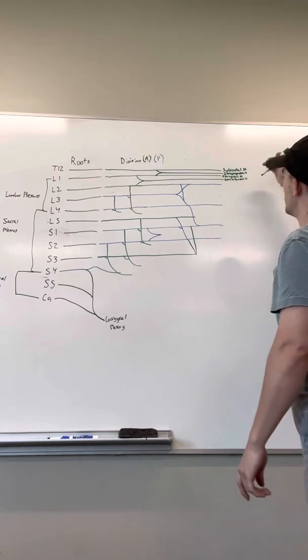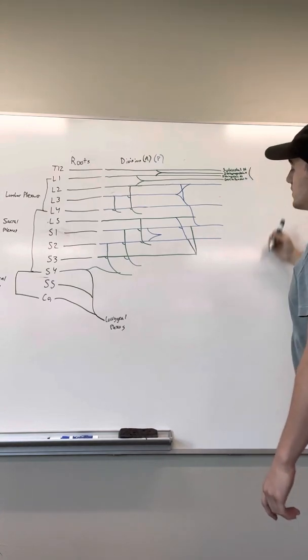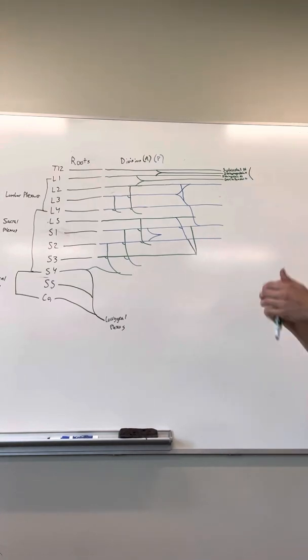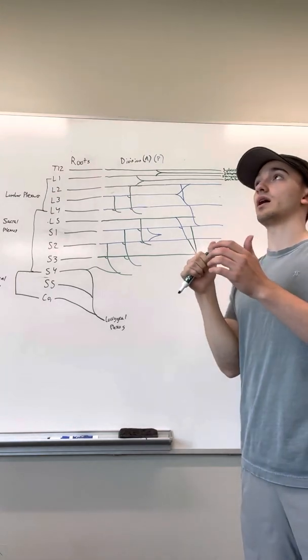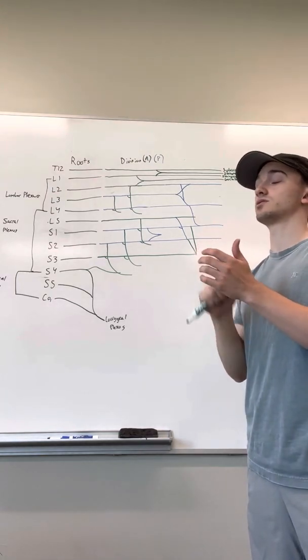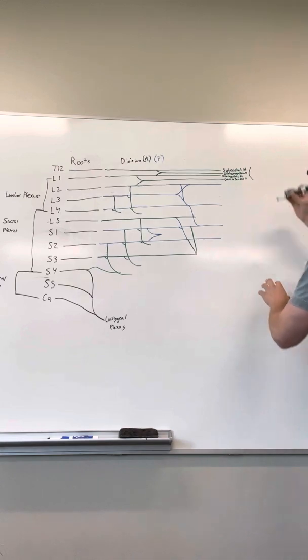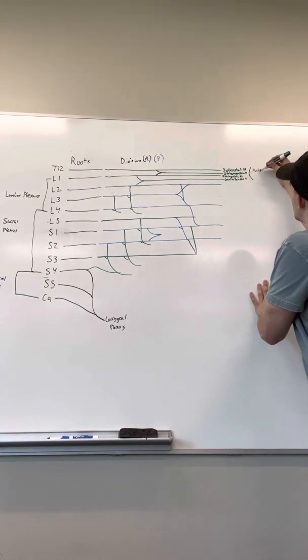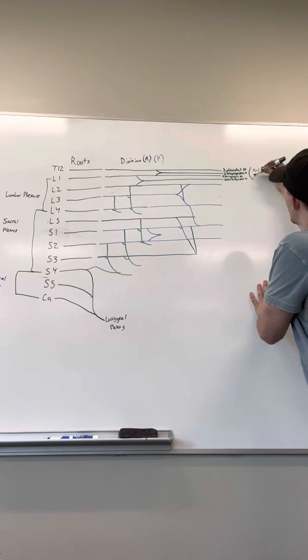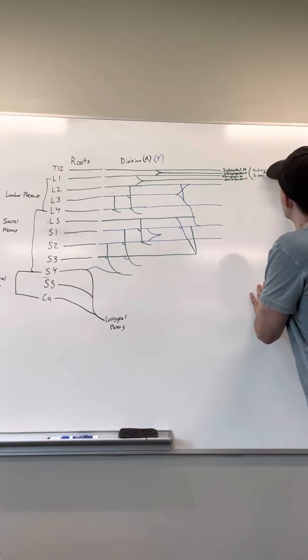And all four of these innervate the abdominal wall, as well as the external genitals. So, abdominal wall and genitalia. Perfect.